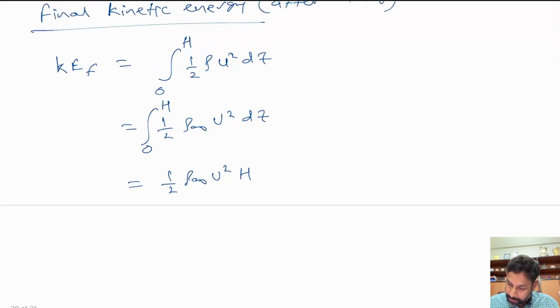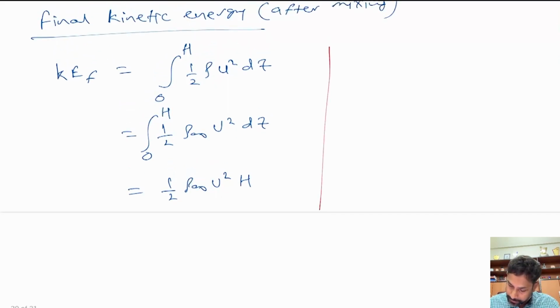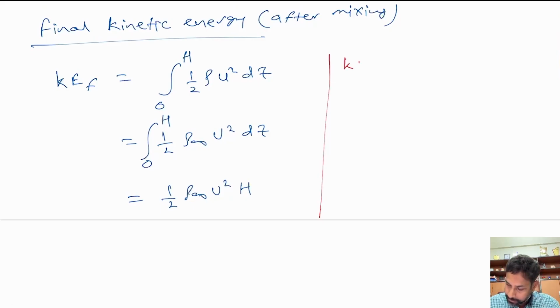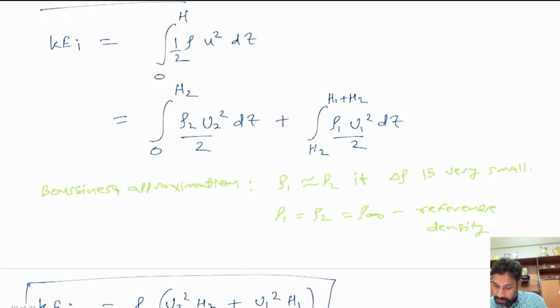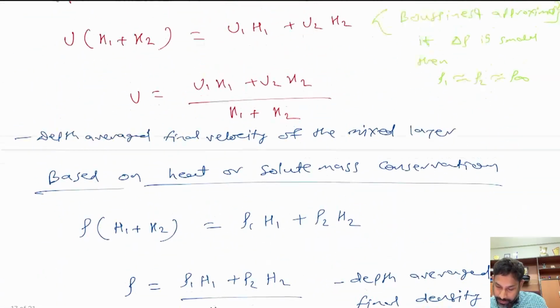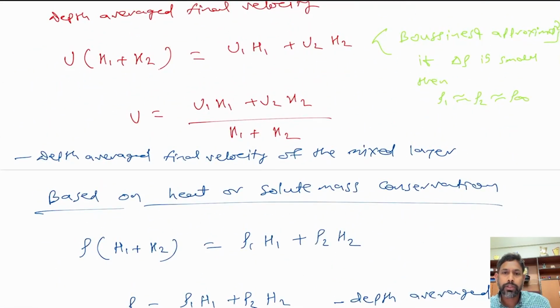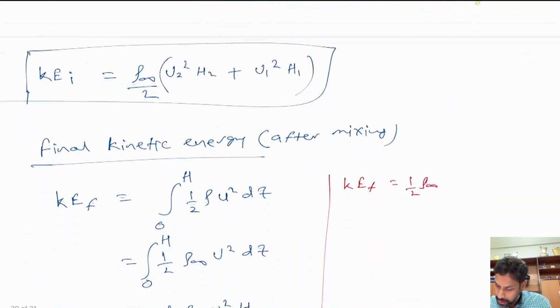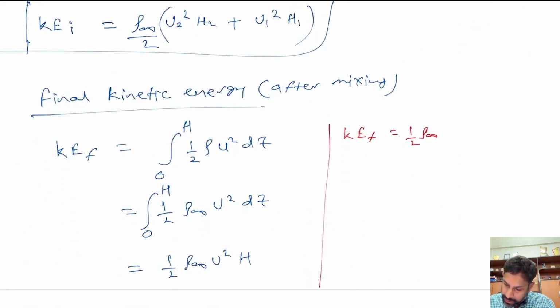But at the same time, u is something that we have already defined, that is u1 h1 plus u2 h2 over h1 plus h2. So that's why we can write u as u1 h1 plus u2 h2 over h1 plus h2.